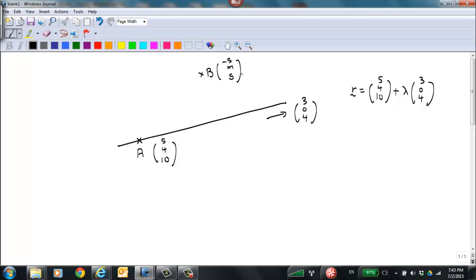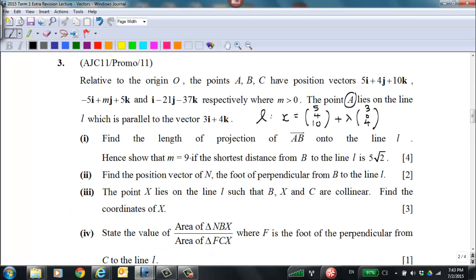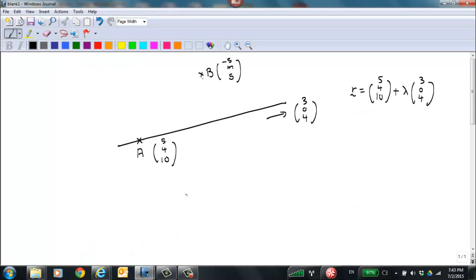The question wants us to find the length of projection of AB onto the line L. So what we do is form the vector AB, and from there project onto the directional vector of the line L. To find AB, we have OB minus OA, which will give you the following.